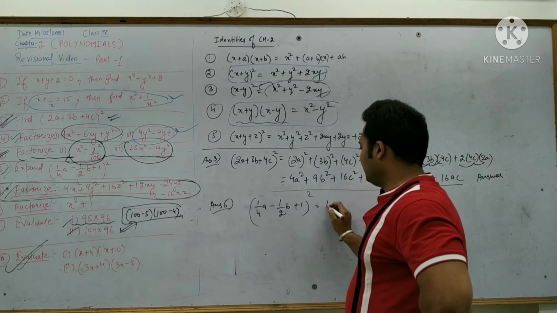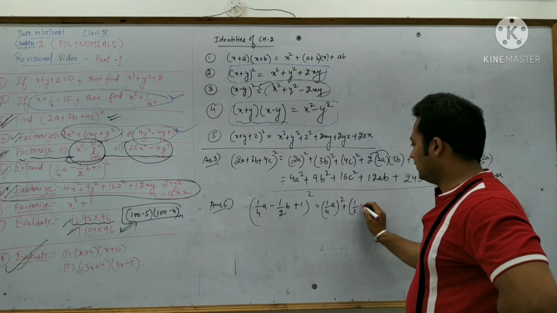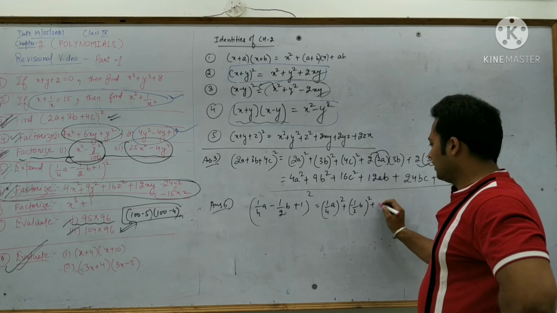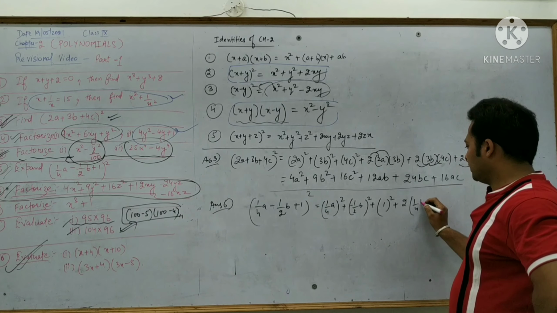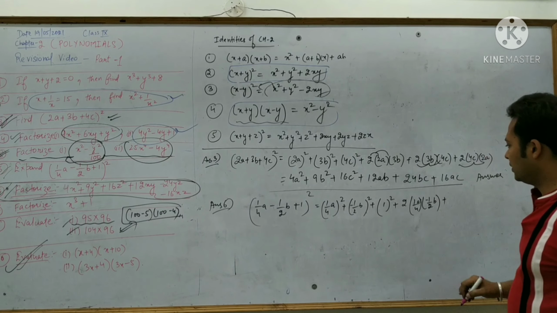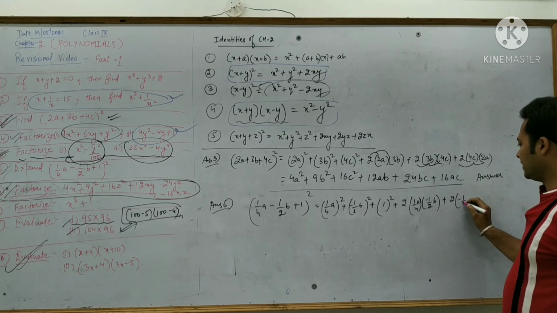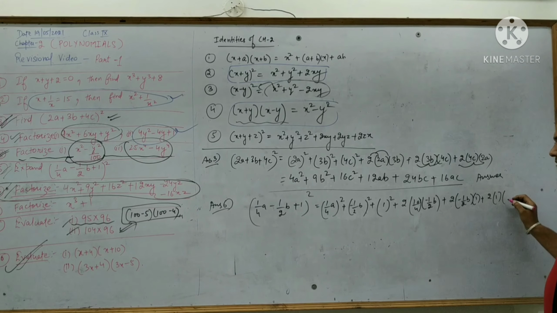Similarly, it will be equals to square of first number plus square of second number plus square of third number plus 2 into product of first two numbers plus 2 into product of next two numbers plus 2 into product of last and the first number.